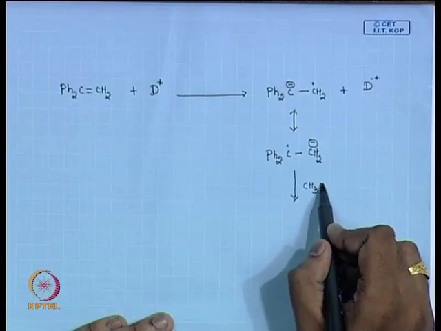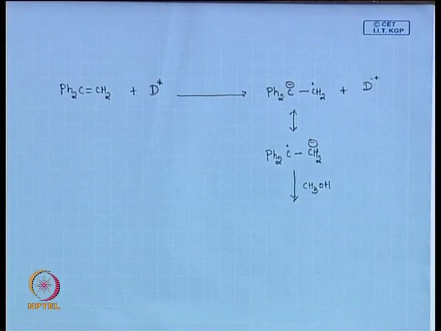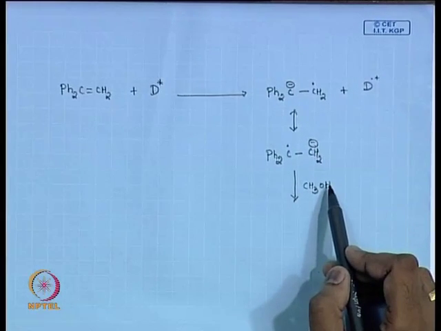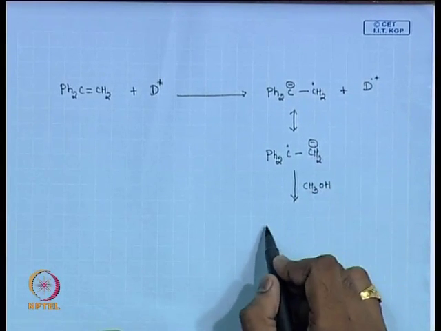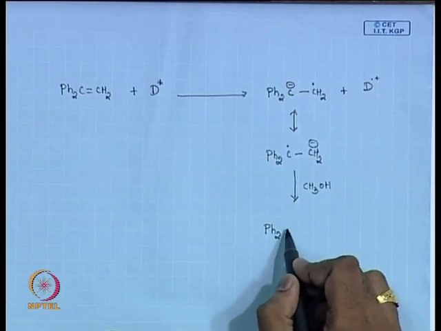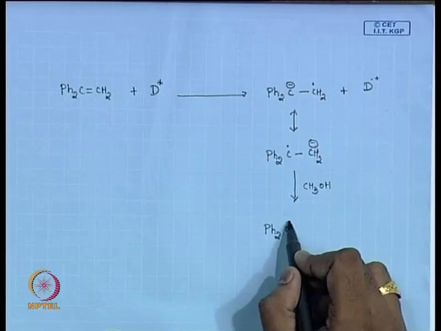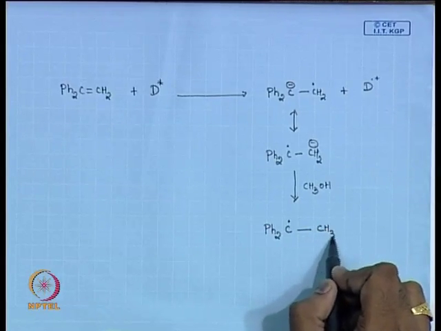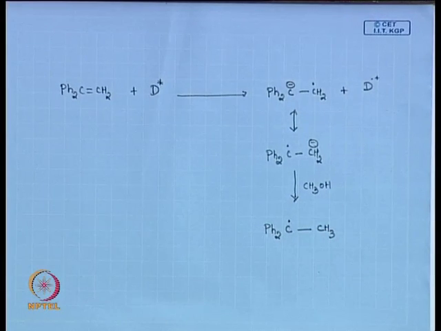So if it reacts with methanol, this will abstract a hydrogen. So I get Ph2C, CH3 there, right.